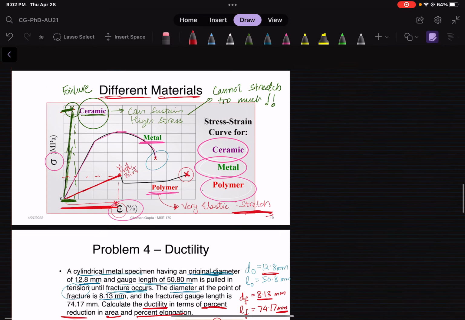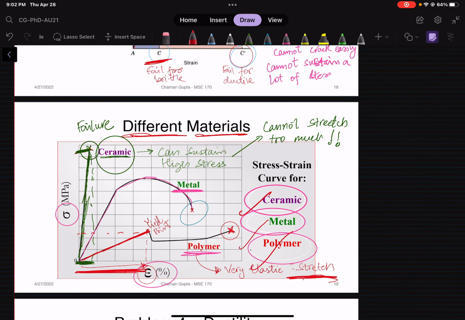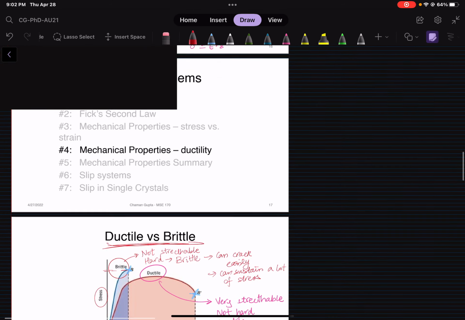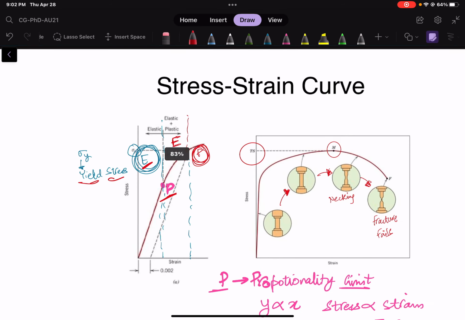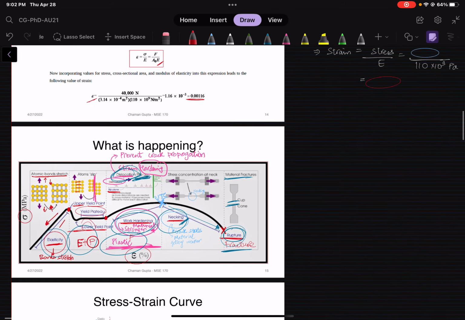We saw how different materials, ceramic, metal, and polymer, can have different values and why their curves vary so much. You saw how ductile and brittle materials are different. And then we also saw how there is an elastic region followed by elastic plus plastic followed by only plastic. And then we also saw how material elongates, and after the ultimate tensile strength it starts to neck, and then you create a failure or a fracture at the end.